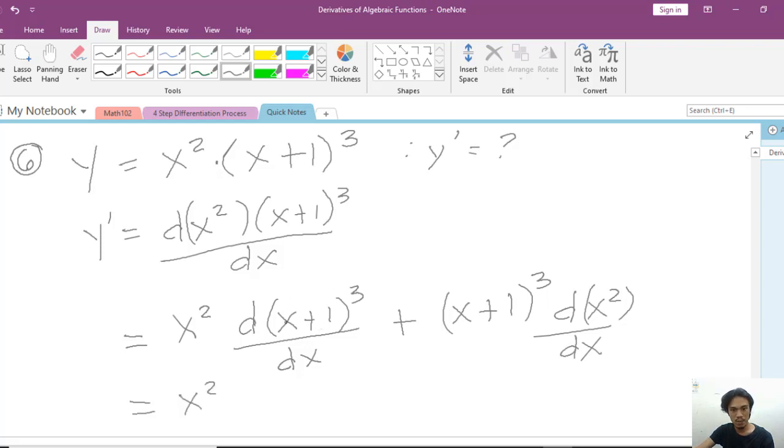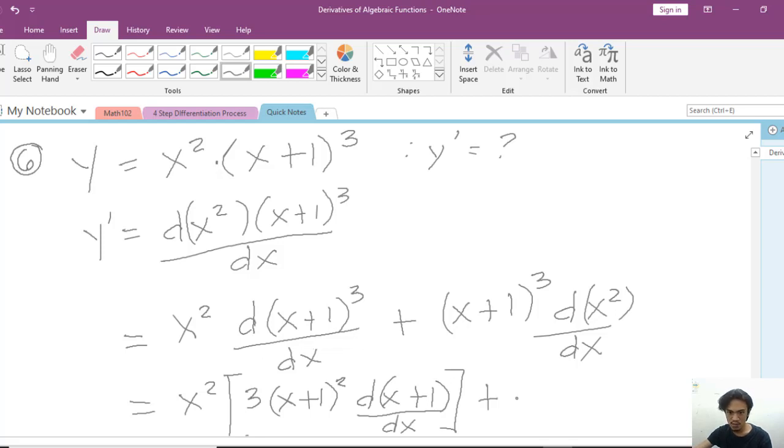We can apply the power formula here. Bring down the exponent. Copy the base, x plus 1. Your new exponent would be 3 minus 1, that would be equal to 2. Times the derivative of x plus 1, or the base, with respect to x. That is for the first part.